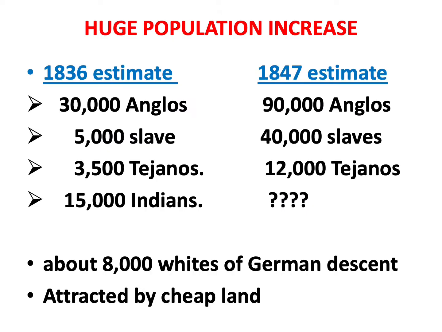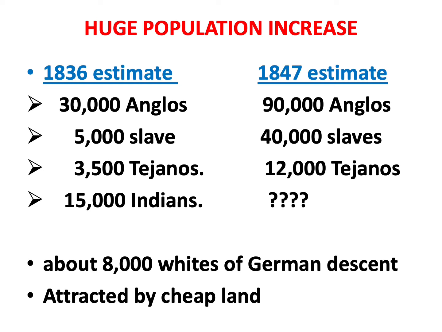Now, over the 10-year period we're going to be looking at, we're going to see a huge population increase in Texas. You see in the two columns here an estimate from 1836, and that's what they are. They're not 100% accurate.